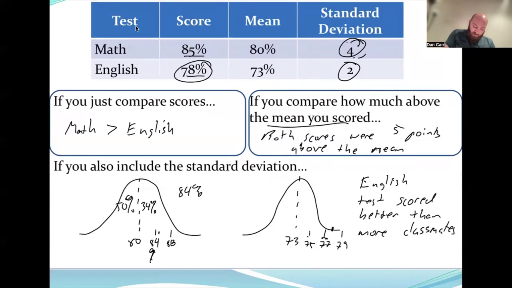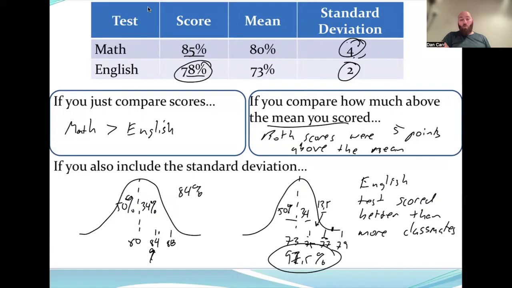But in English, this is 50%, this is 34%, and the second standard deviation is 13.5. So it's a little bit more than that, so you're looking at 84 plus 13.5. You're scoring better than 97.5% of your fellow classmates here. That's what we're referring to.